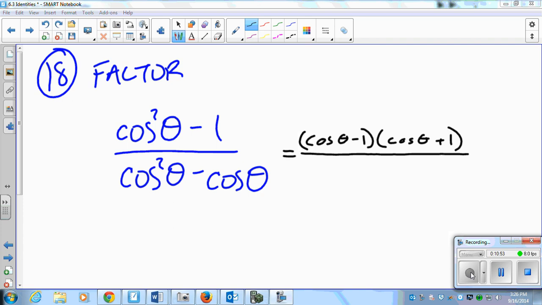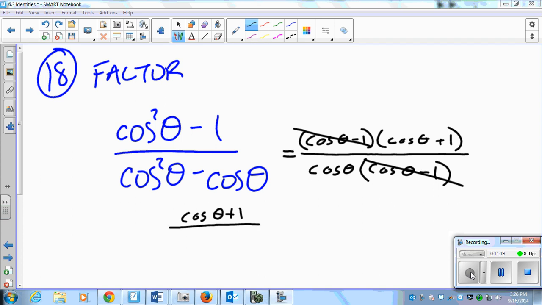And on the denominator, they both have a cosine, so I can pull that out: cosine of theta times cosine of theta minus 1. And then what I can see is that these two are identical. So then I see that this is cosine of theta plus 1 over cosine of theta.